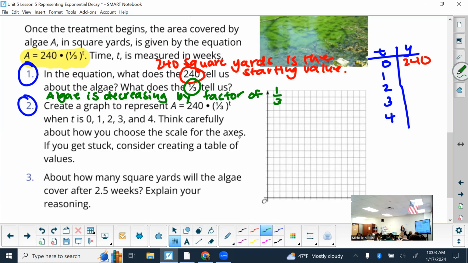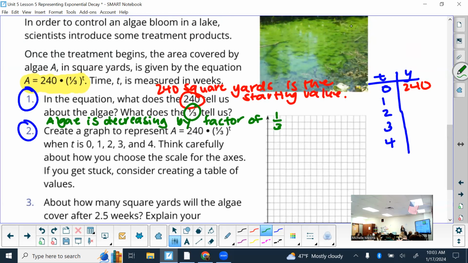Or if you remember what we talked about yesterday, another way to write the exponential function is like this, where it's 1 minus the decay rate. So if I'm multiplying by 1/3, another way you could say this is I'm losing 2/3, because 1 minus 2/3 is 1/3.